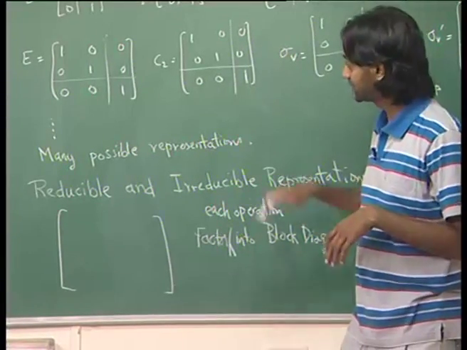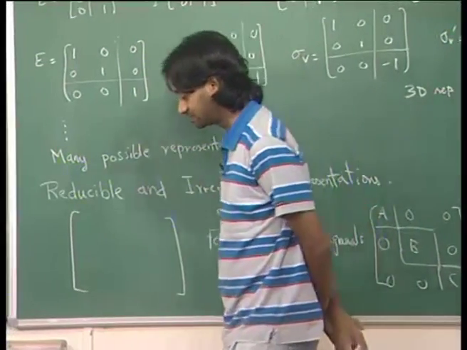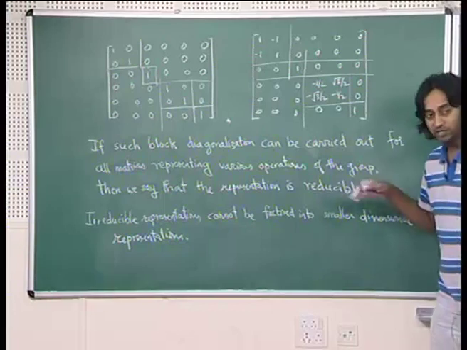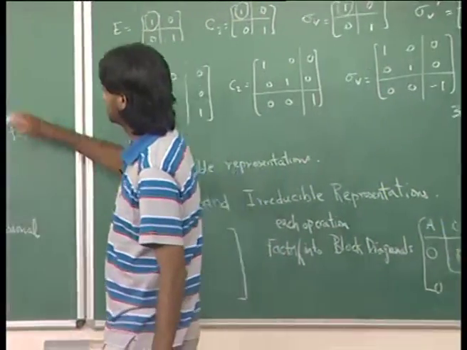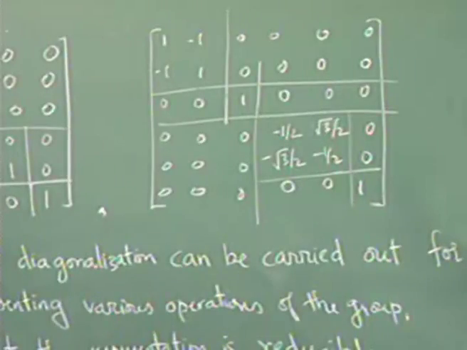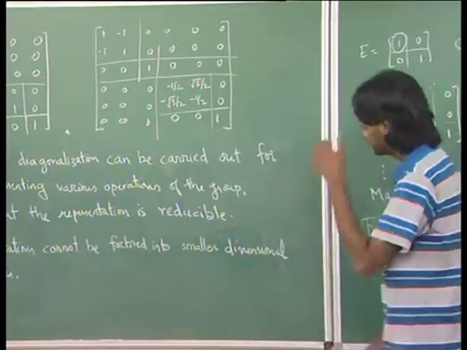If it happens for only 1 or 2 symmetry operations, you do not say that this is a valid factorization. So, when you are looking to see whether a representation is reducible or irreducible, you should try to do this block diagonalization for all the elements, for matrices corresponding to all the symmetry operations.